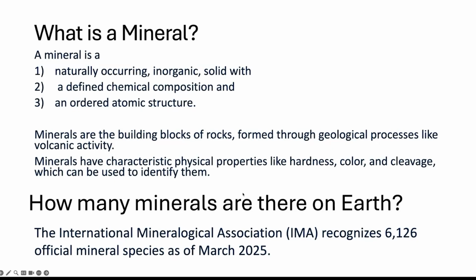But we all know that minerals are the building blocks of rocks formed through geologic processes like volcanic activity, and minerals have characteristic physical properties like hardness, color, cleavage, which we can use to identify them. And then the next question is, how many minerals are there on Earth? The International Mineralogical Association recognizes over 6,000 official mineral species as of last March.